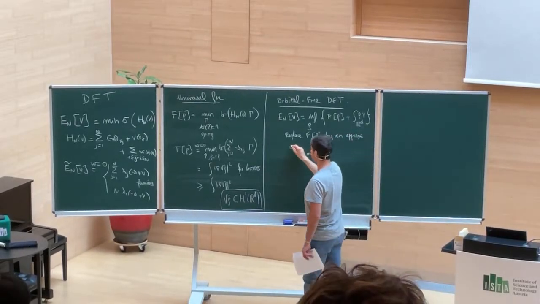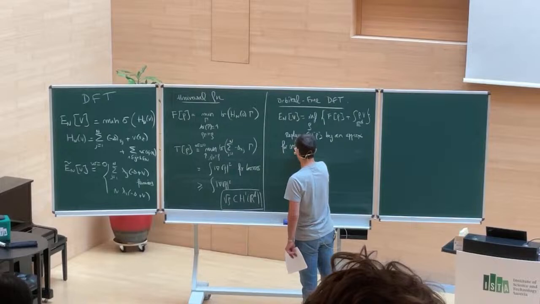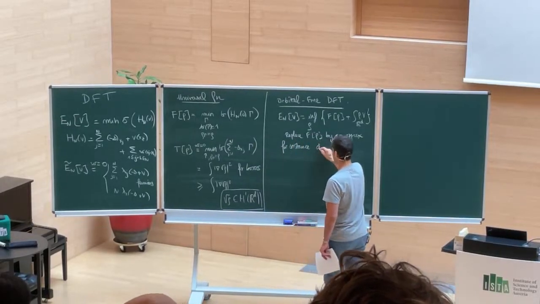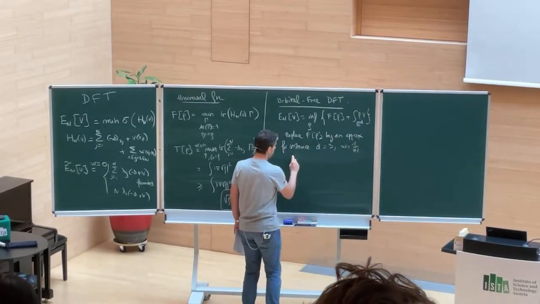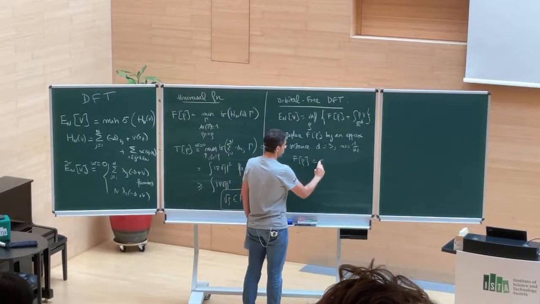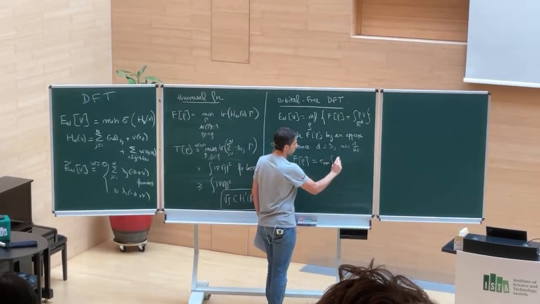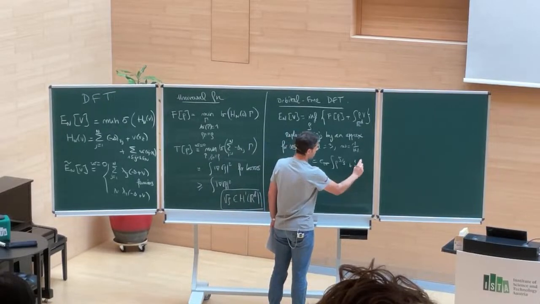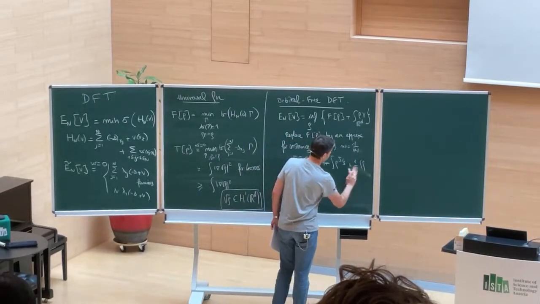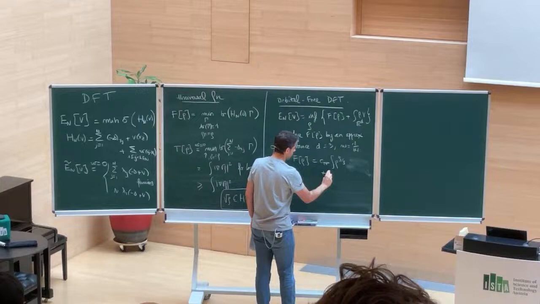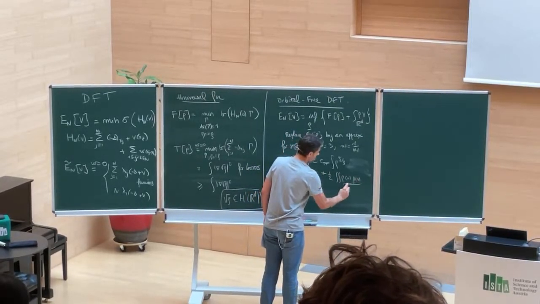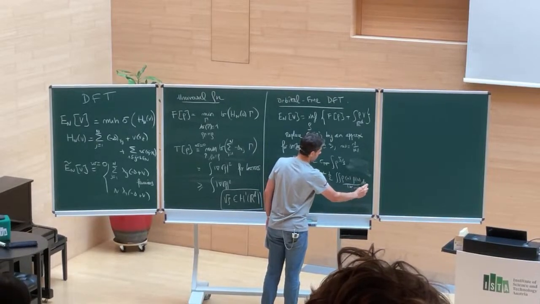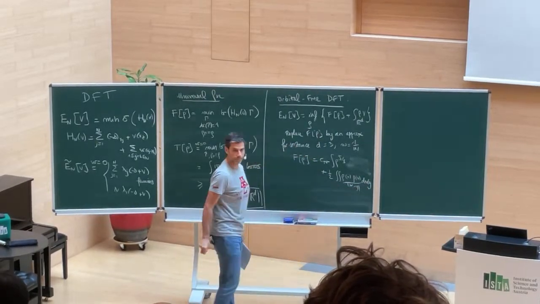For instance, if you are in dimension 3 and W is 1 over |x|, then the easiest approximation is the Thomas-Fermi, which is the Thomas-Fermi constant times ∫ρ^{5/3} plus 1/2 the Coulomb integral, ∫∫ ρ(x)ρ(y)/|x−y| dx dy.